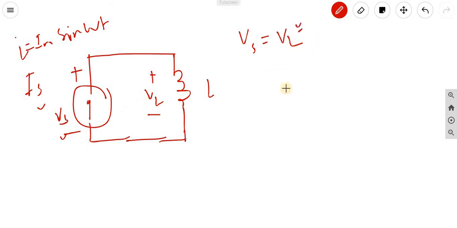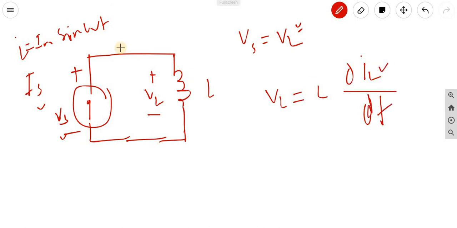Okay, so now what would be the current? VL equals L dIL by dt. So what is IL? This is the current through the inductor.